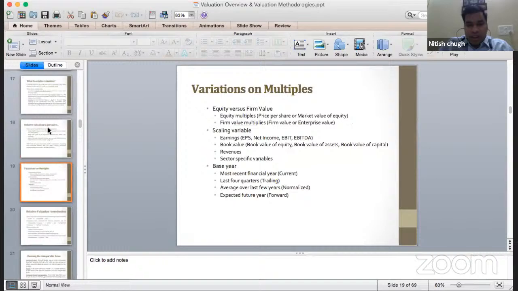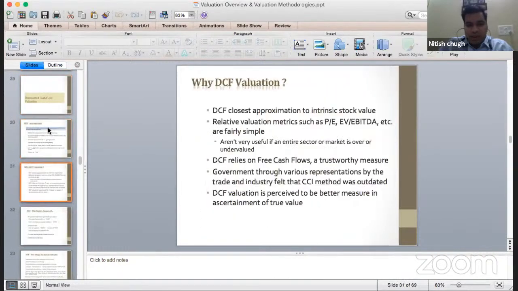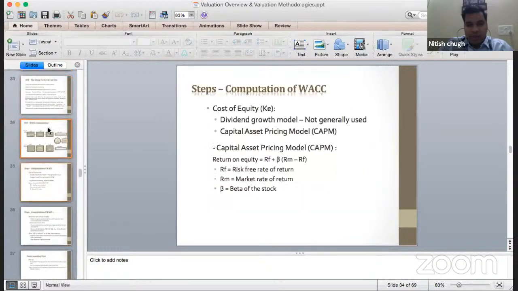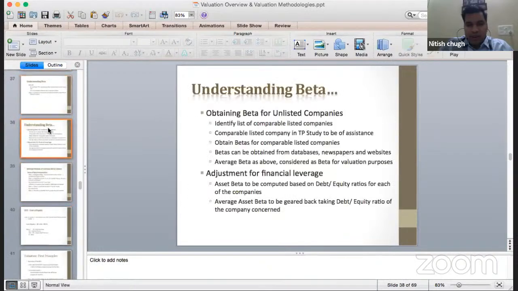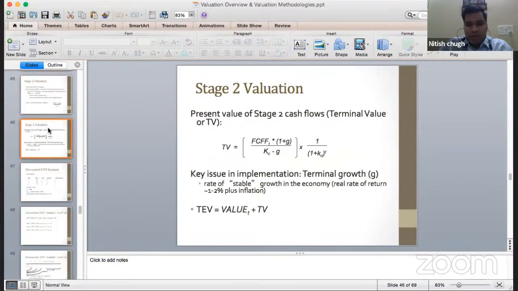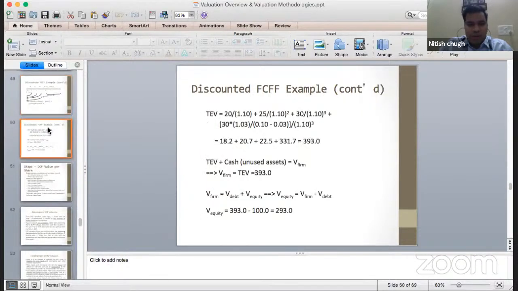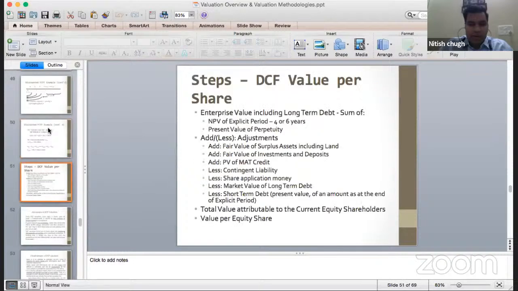We have gone through relative valuation in detail as well as this DCF method in detail. There is some portion left in DCF method relating to the advantages and disadvantages of this valuation. We have covered various examples as well yesterday. I hope the same are clear to everyone. If anyone has any doubt, you can raise the issue in chat box or you can directly raise your hand.